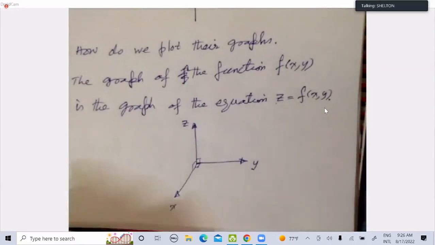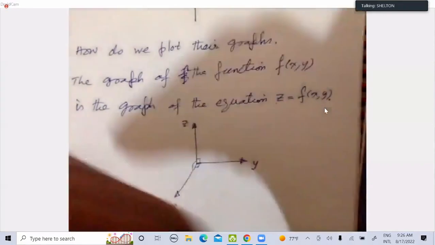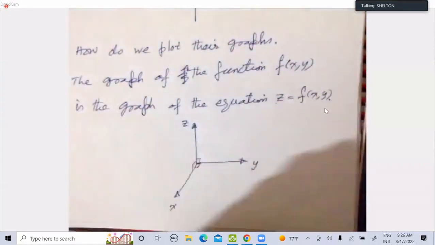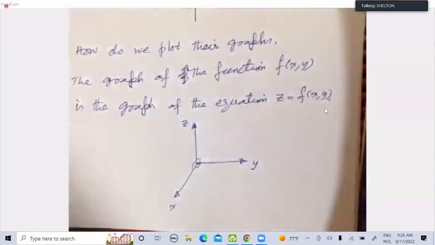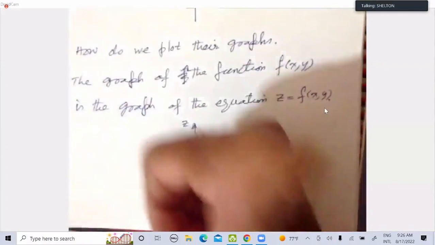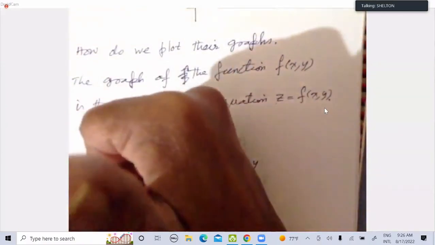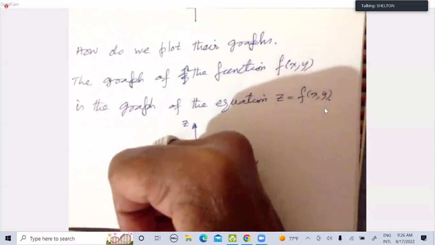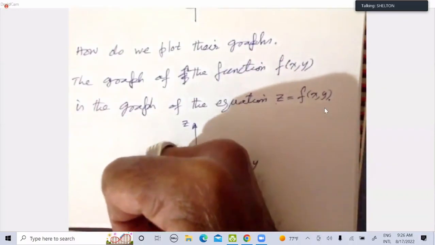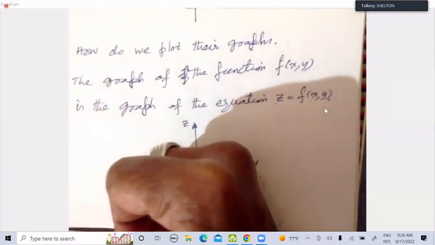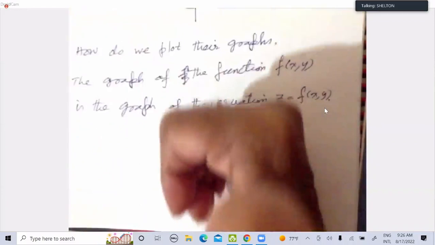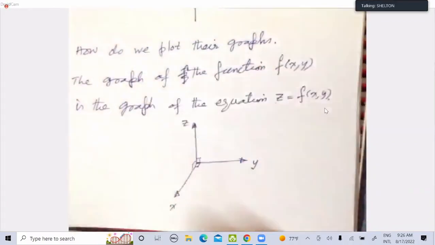The right-hand rule applies: if you curl your fingers from x to y, z is perpendicular to that plane, meaning the thumb represents the direction of the z-axis.